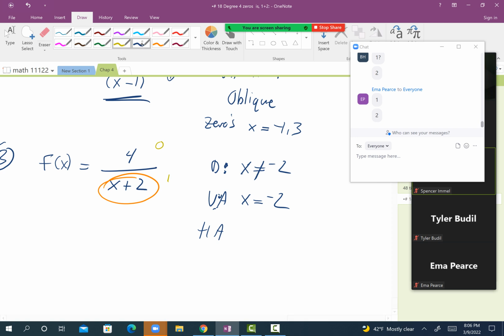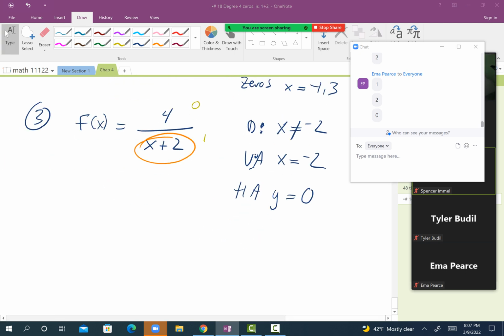So, what's our horizontal according to our rule then? 0. Very good. Right? So you're going to have 0 because, again, the degree on the bottom is higher than the degree on the top. 4 over a million is going to be 0. Okay? All right? One last one.